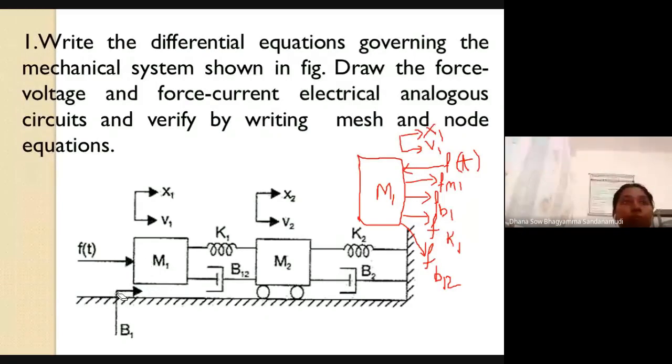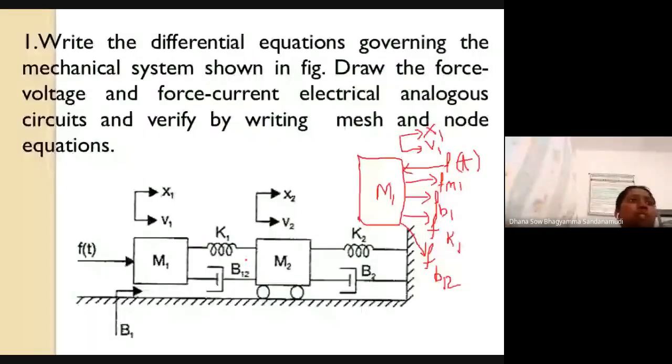So here is the free body diagram of mass M1. Mass M1 is there, velocity is V1, displacement is X1, and the applied force is F of t. The opposing forces are: the force due to the mass Fm1, the force due to friction Fb1, the force due to elasticity Fk1, and the force due to friction Fb12.